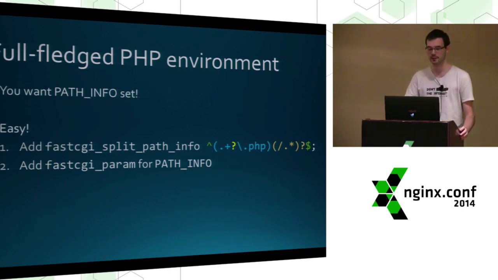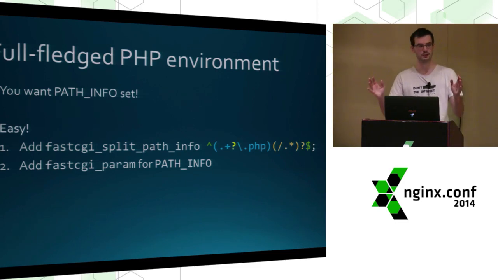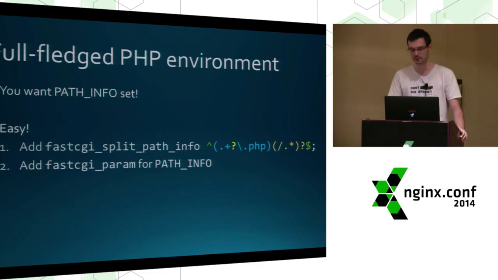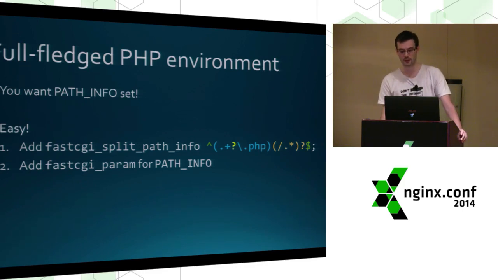First one will split your URI into 2 parts. First will be the script file name, for example, myfile.php, and the second part will be path info, like I just described to you. If you know enough about PCRE, you will be able to read what's written.